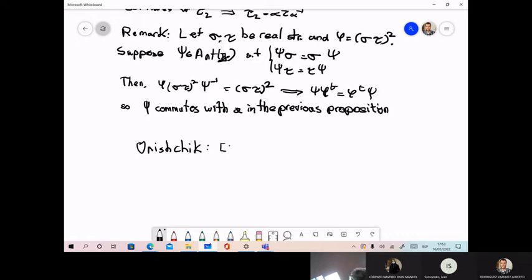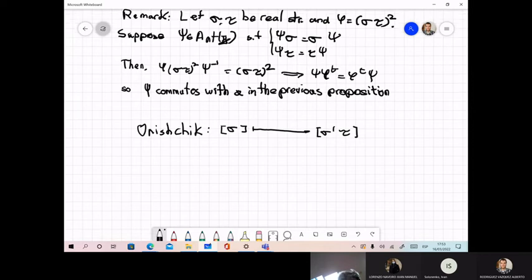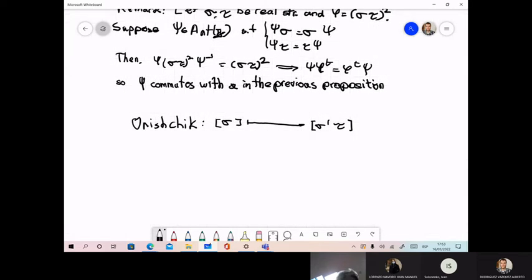Onishchik defines the map between conjugacy classes of real structures and involutions by taking here a real structure sigma prime which commutes with a fixed real structure tau. But Onishchik made some claim in the proof of the theorem proving that this was well defined that I was not sure about, and at least I wasn't sure on how to prove it.